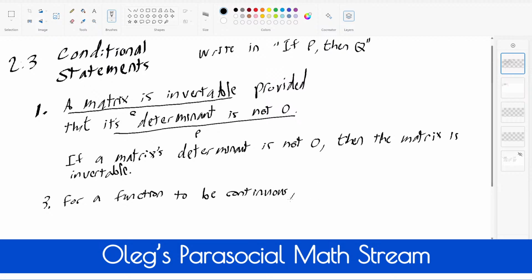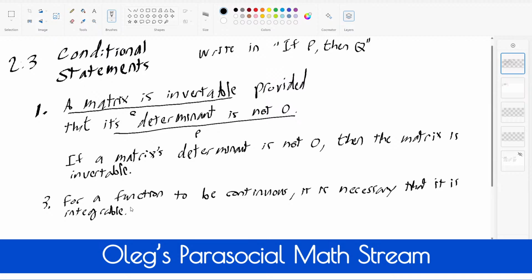For a function to be continuous, this is an easy one, very easy. Okay, but before I explain why this is easy, let's actually just try to establish P on our own.